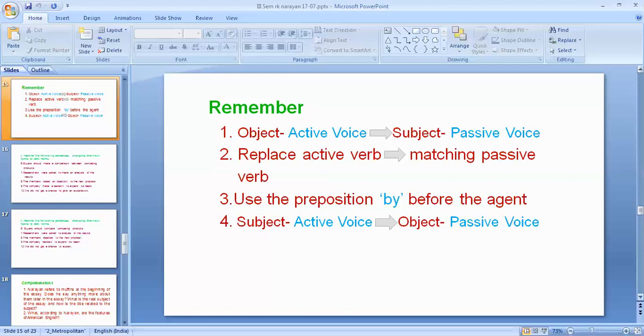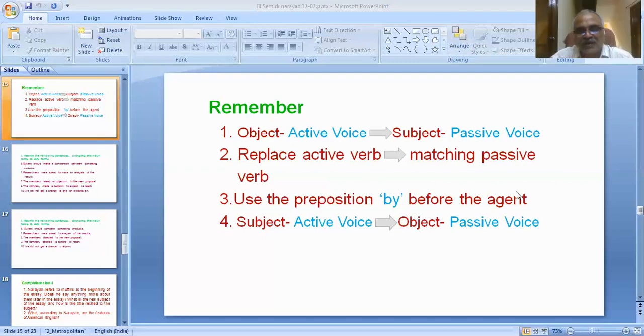And the fourth rule is that the subject of the active voice, who is the doer of the action, becomes the object of the passive voice. So the subject of the active voice becomes the object of the passive voice, whereas the object of the active voice becomes the subject of the passive voice. These are the two things that we have to remember.